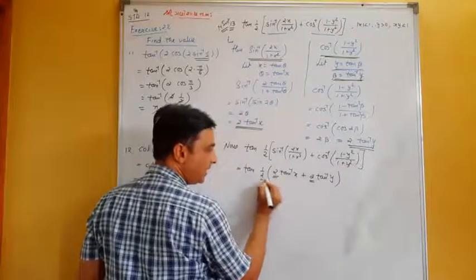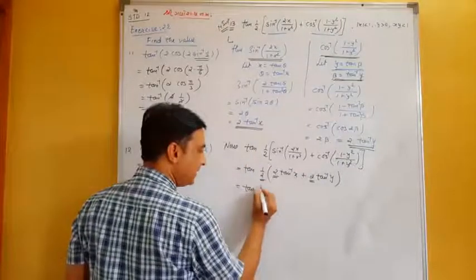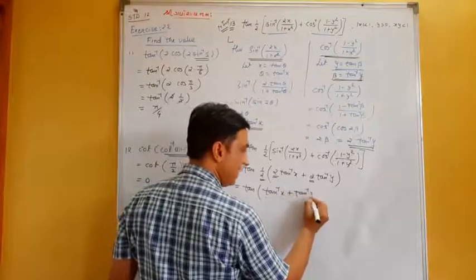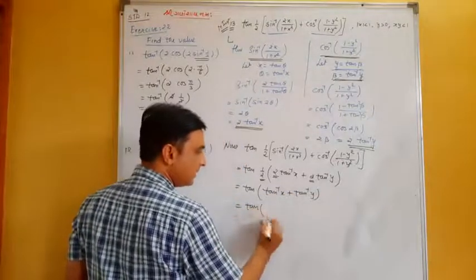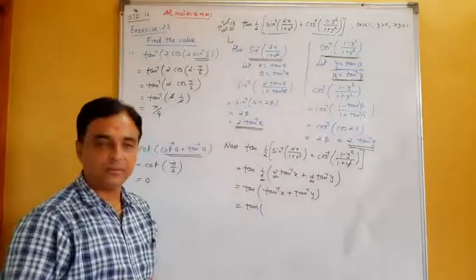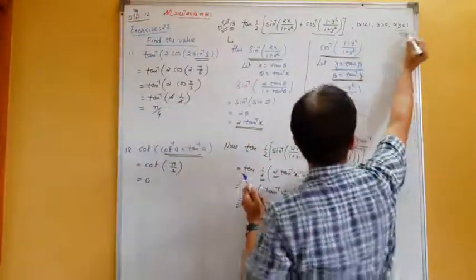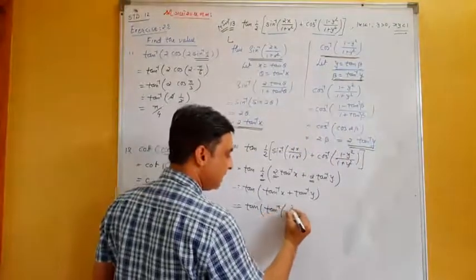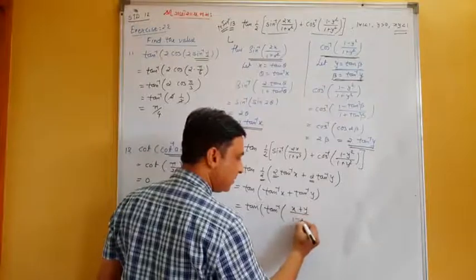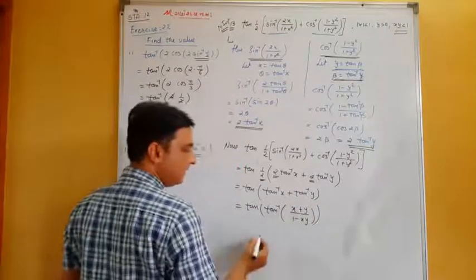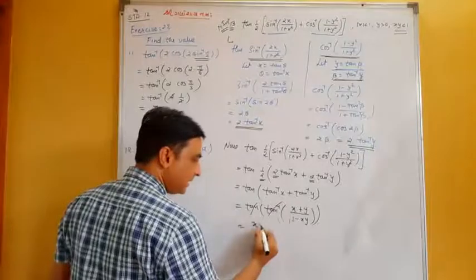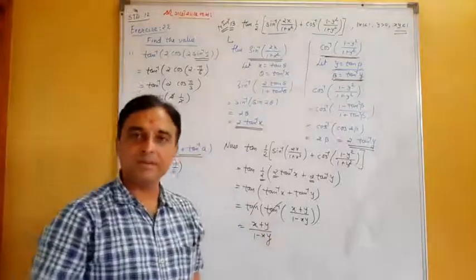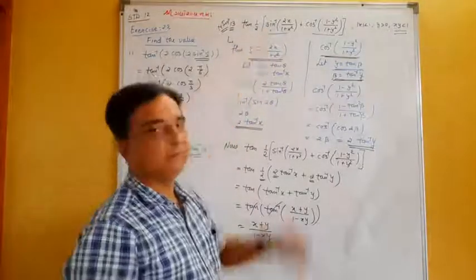Taking 2 common and cancelling, what happened? Tan inverse x plus tan inverse y. Tan inverse x plus tan inverse y, by the formula for the given condition xy less than 1, is tan inverse of x plus y upon 1 minus xy. Tan and tan inverse cancel, and the answer will be x plus y upon 1 minus xy. It's the simplified form of the given question.